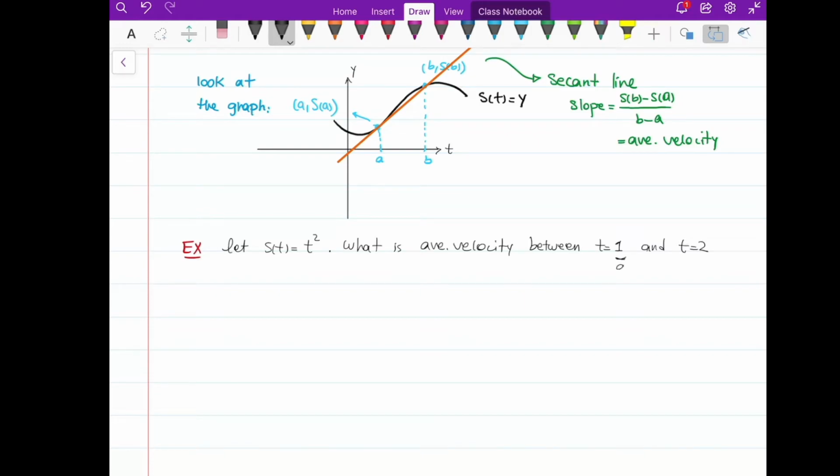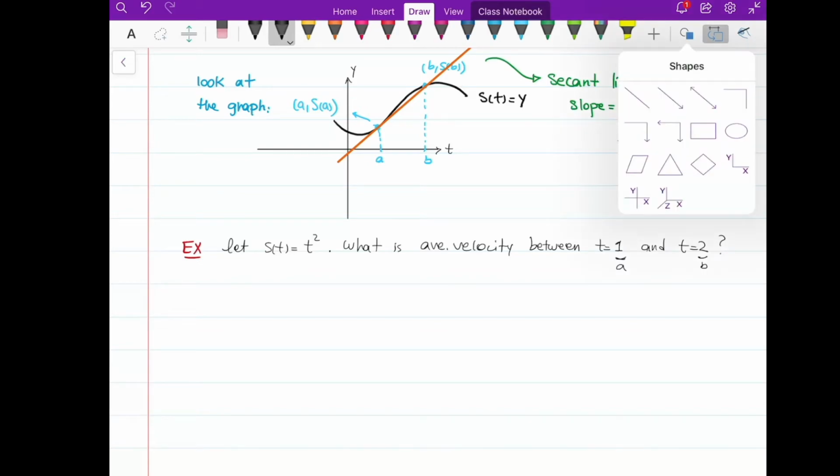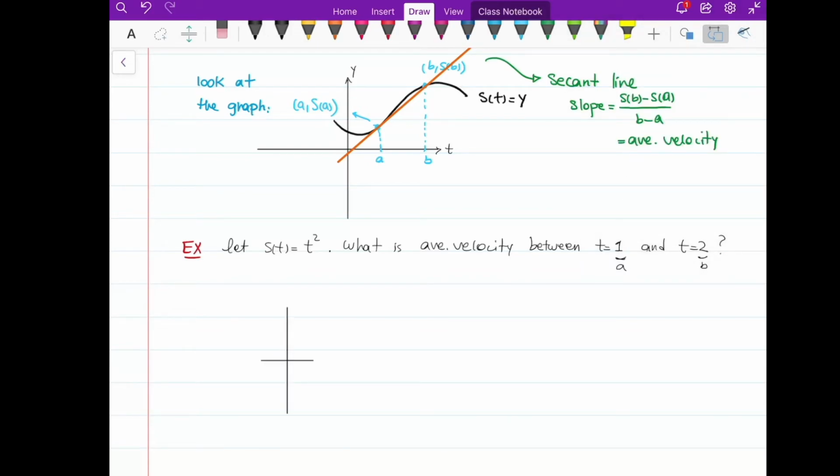So this is our A, this is our B. Okay, let me graph it. We have t, we have y, and we have this parabola. Actually, the parabola passes through the origin, so I need to move it just a little bit. So the parabola is y equals t squared.